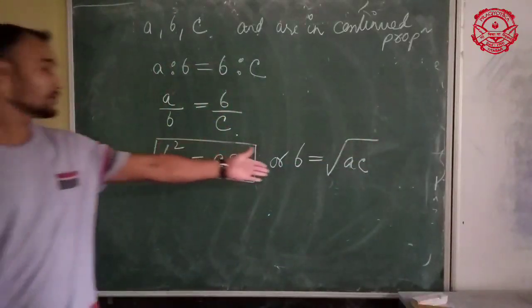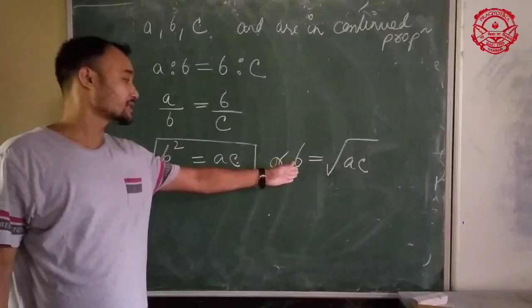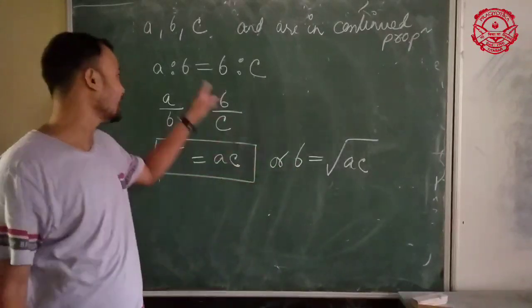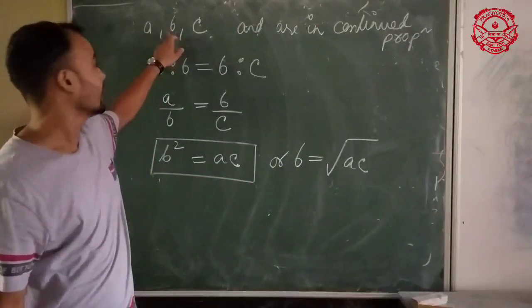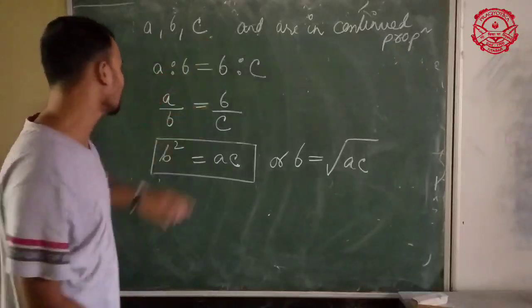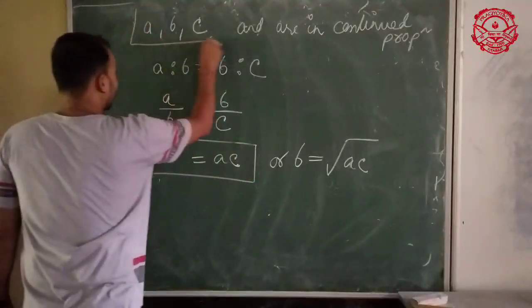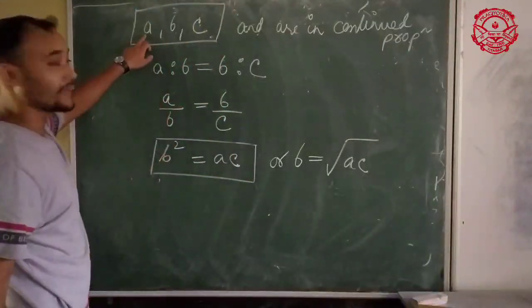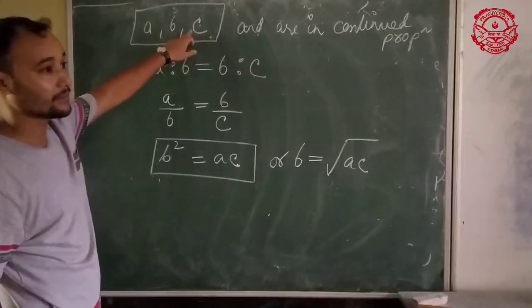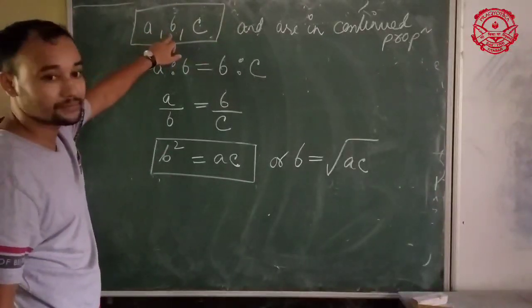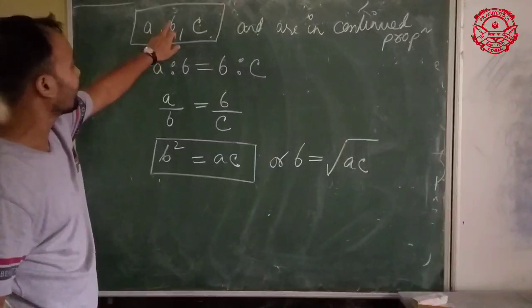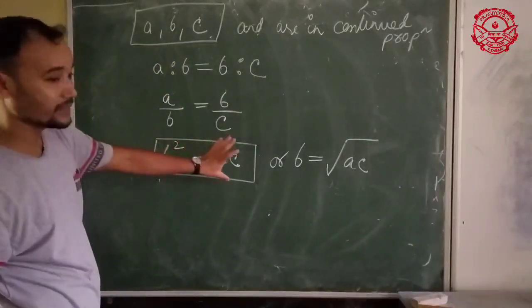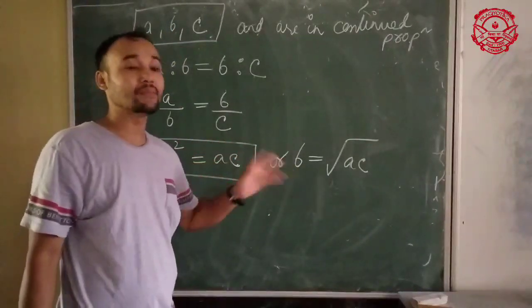Here B is known by a term that is known as mean proportion, because B is the mean term. You see, these two are extremes in these three variables. A and C are extremes, and the mean is B. So if you represent this in proportion, then B will be termed as mean proportion.